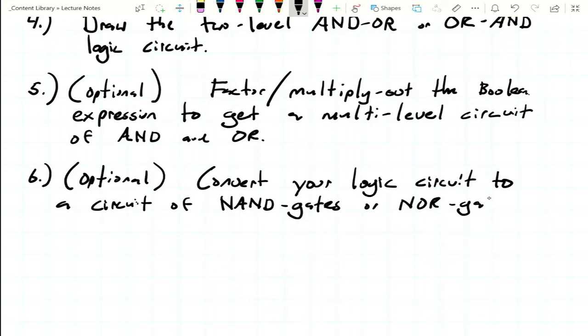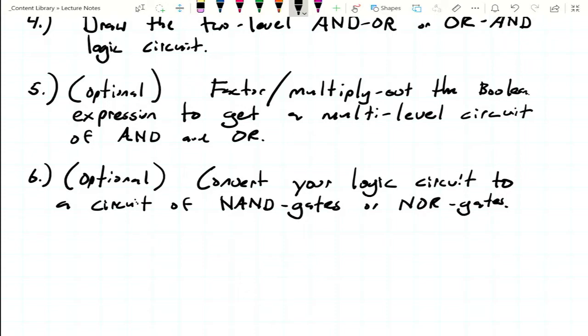And remember that this is because in practice, NAND gates and NOR gates are smaller, they're cheaper to build, they're faster than AND gates or OR gates, right? So it's always a good idea to convert your circuit to NAND gates if you're actually going to build the thing physically on some silicon, right?